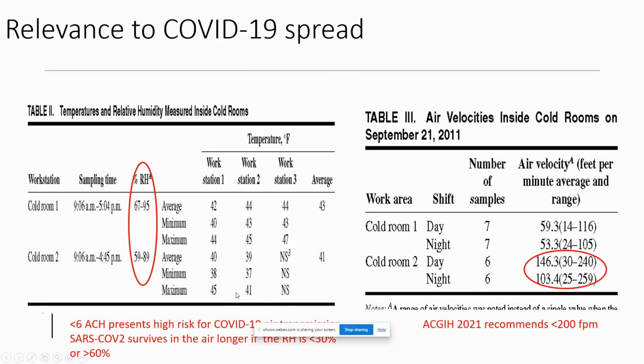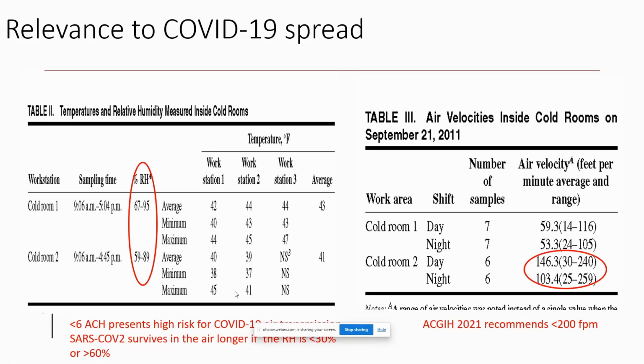After a lot of studies on ventilation in relation to COVID-19 spread, including from ASHRAE and the Harvard School and others, air changes of less than 6 air changes per hour in a room present a high risk for COVID-19.